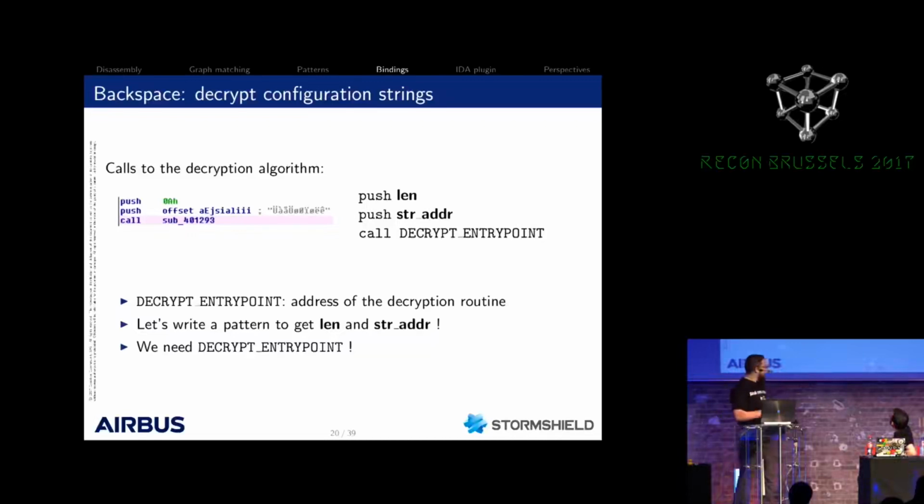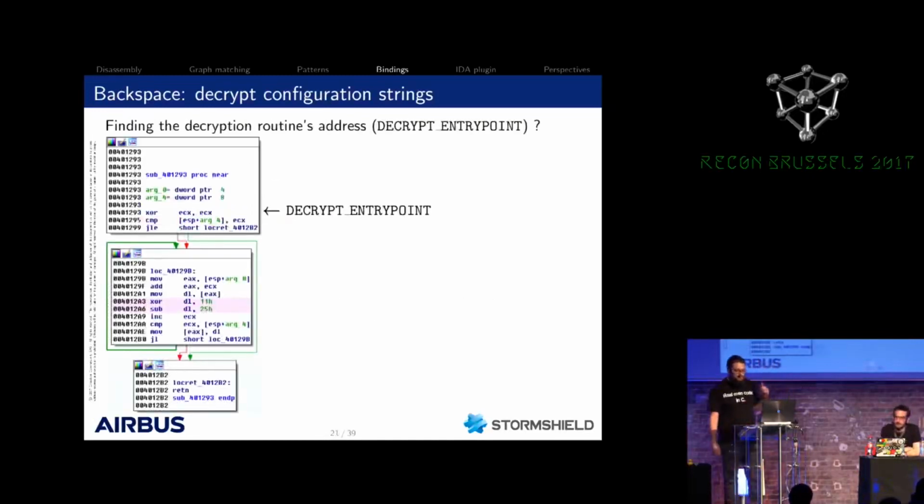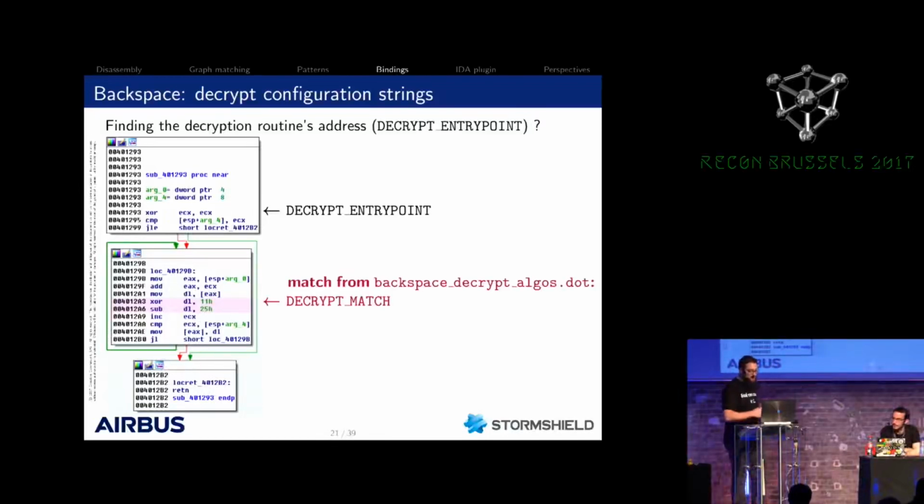We want to match the first push, which is the length, then the encrypted string, and then the call to the entry point of the function to decrypt those strings. So we have the decryption entry point. We can match the address of all the decryption loops, so we have the address of the match.